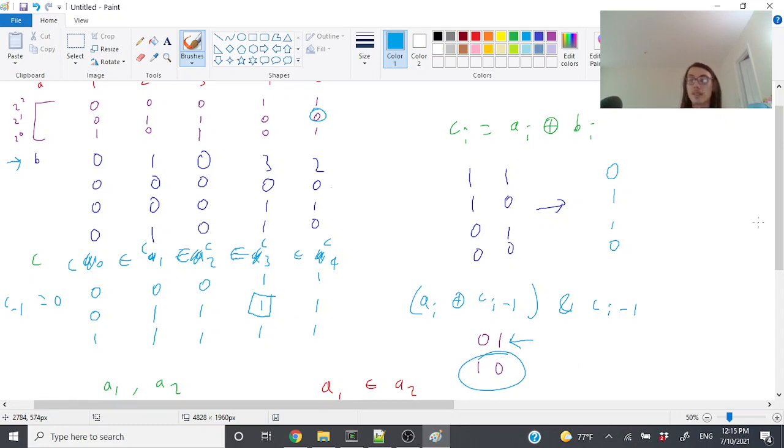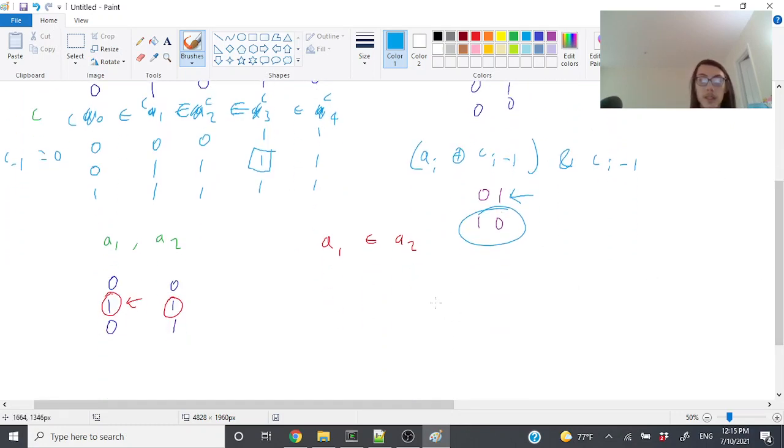So this will give you the answer. There are other ways to do it. I used the formula, I believe it was A_i and C_{i-1}. It was C_{i-1} minus that.